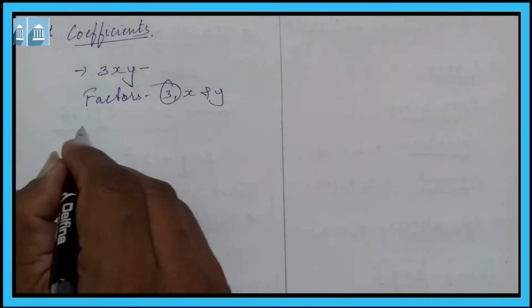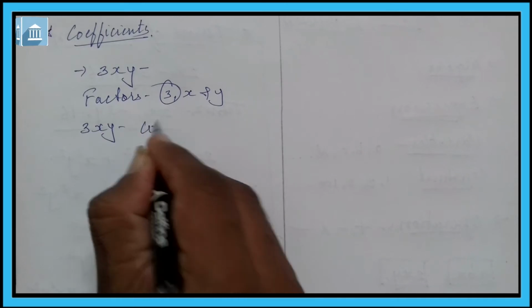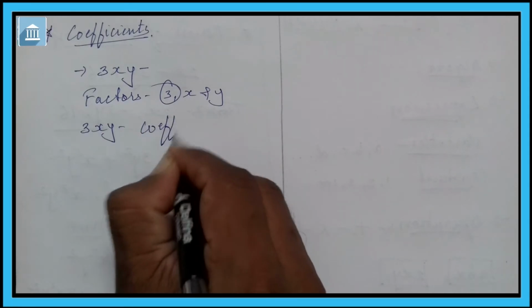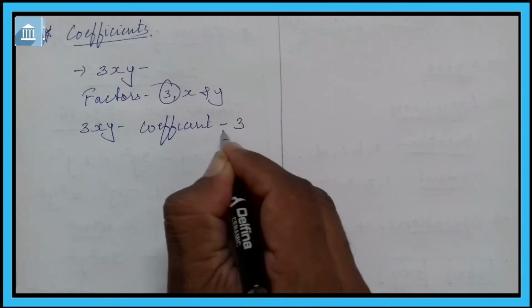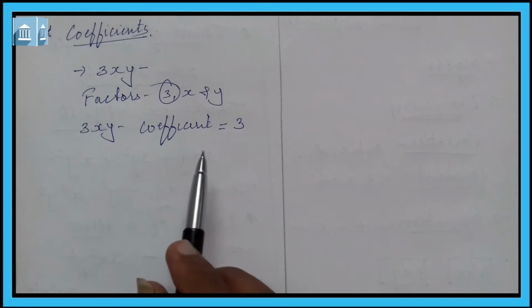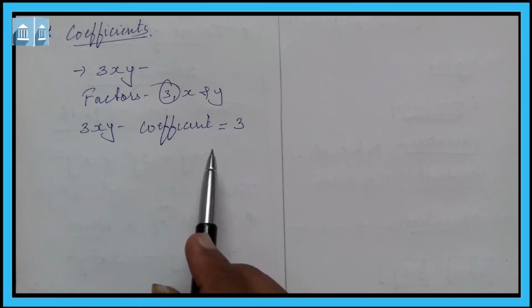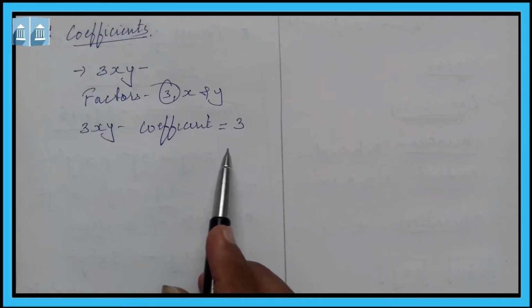It means if 3xy is there, its coefficient is 3. Whatever numerical factor is there, that is said to be the numerical coefficient of that term.